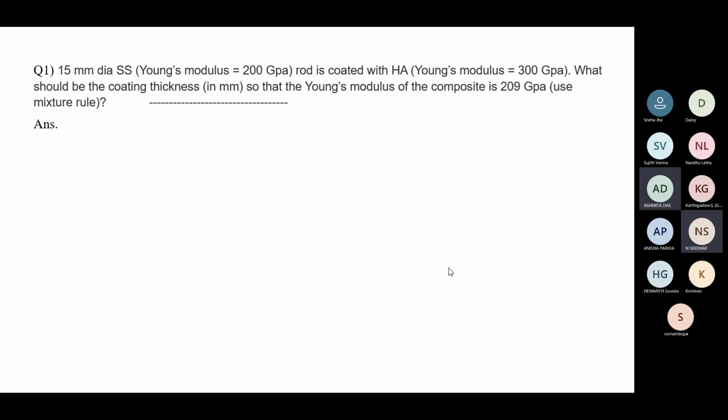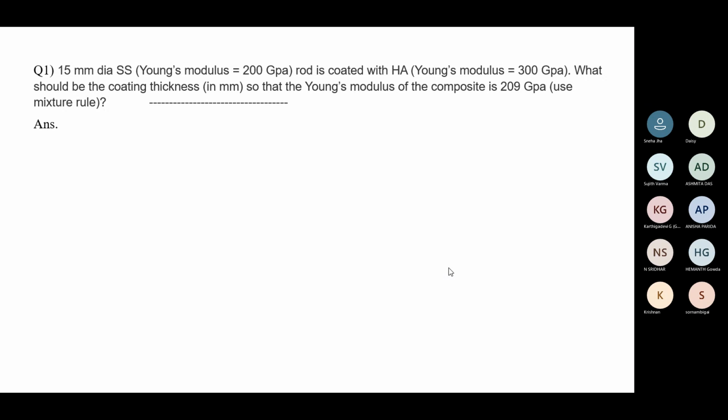E1 V1 plus E2 V2 equal to E1 A1 plus E2 A2. Is it correct, ma'am? Kind of right, but there are only three components, right? So what should be the fourth one? E1 V1 plus E2 V2 equals E_C V_C.